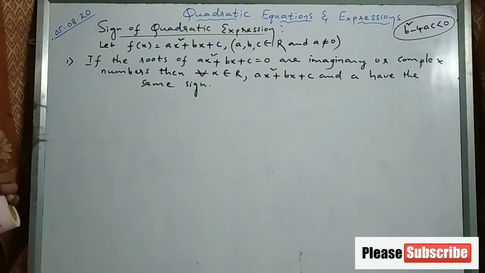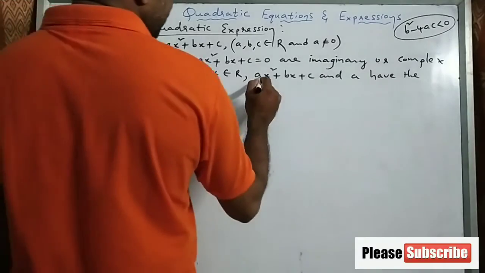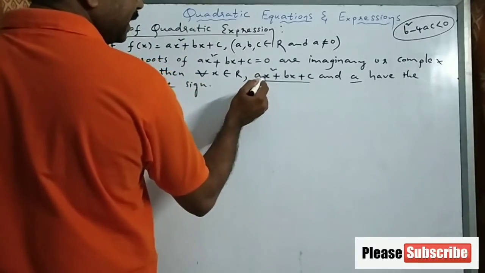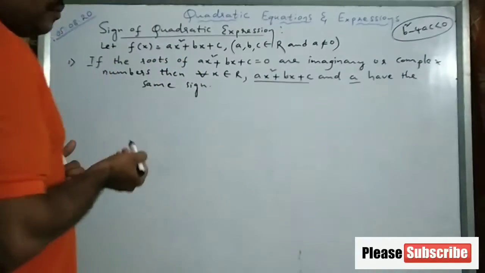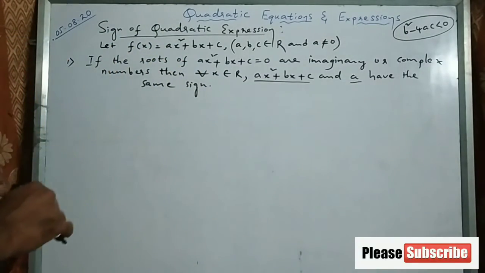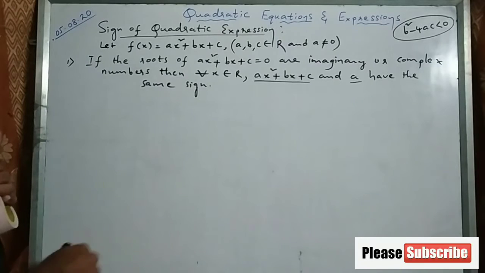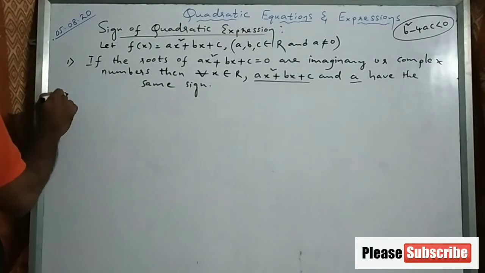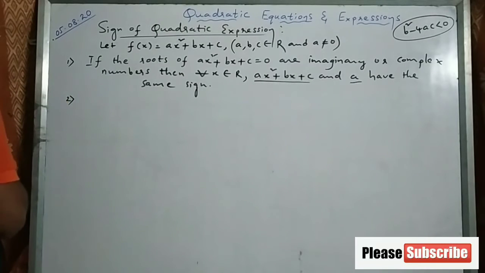Here a means the x square coefficient. Whatever the sign of the coefficient of x square is, that expression also will have the same sign. When you do the problems you can understand this.